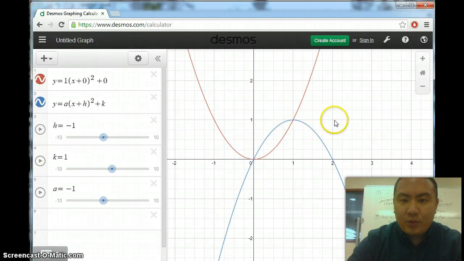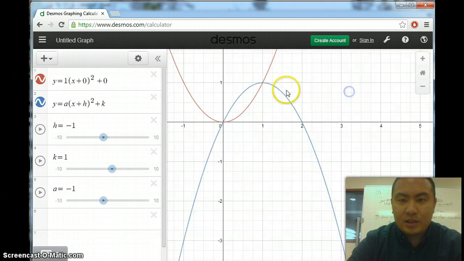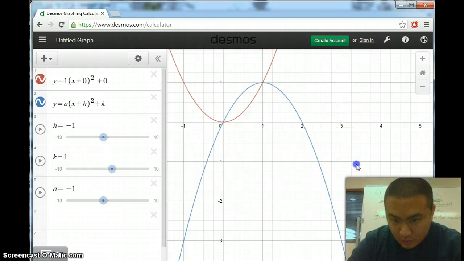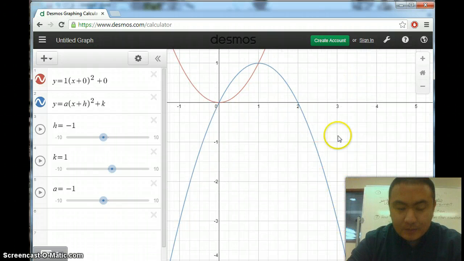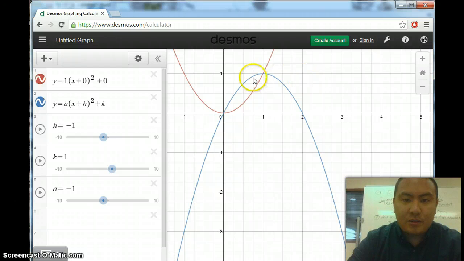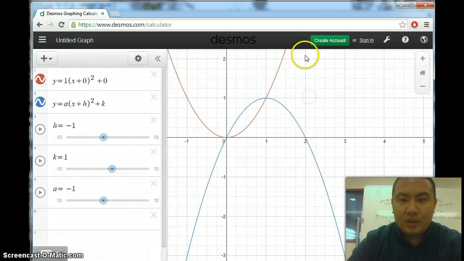If we move over 1, we would have 1 squared, that's just 1. If I move over 2, that would be 2 squared, so that would be 4. Now, why is it going downwards?